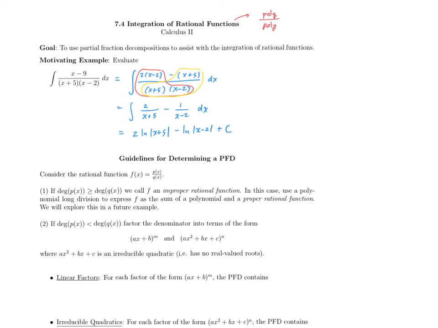Language-wise, when we have rewritten our rational function in this current form, this is something that we call a partial fraction decomposition. I will almost always abbreviate a partial fraction decomposition as PFD.